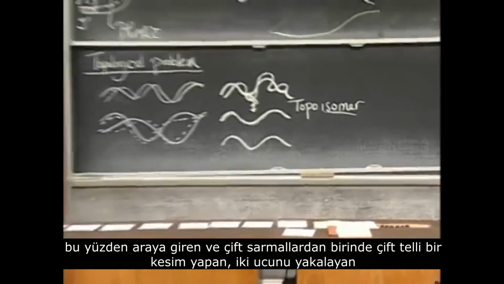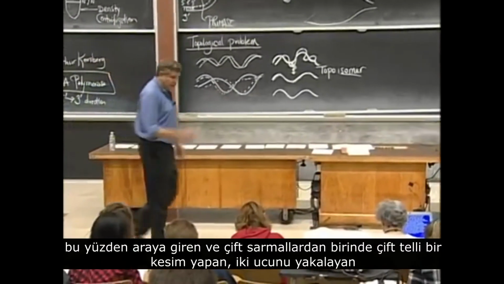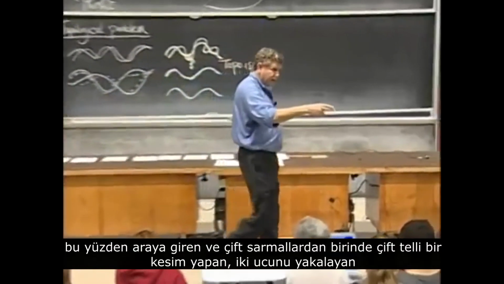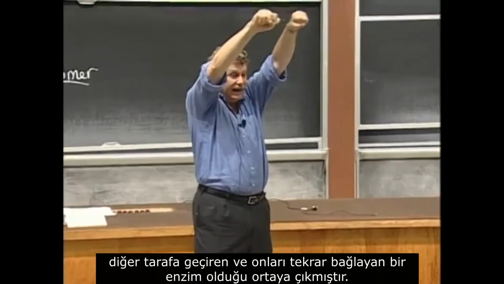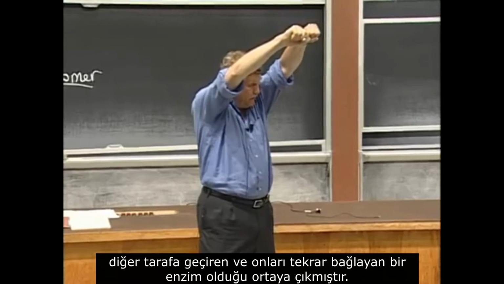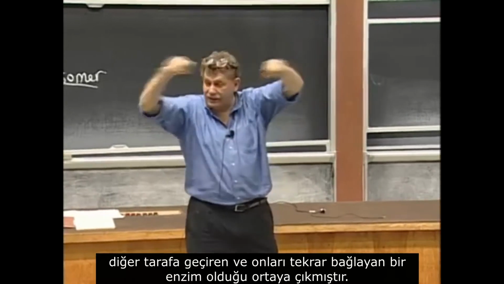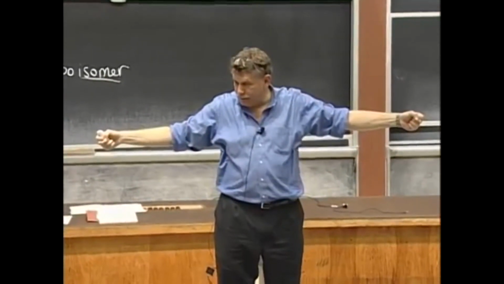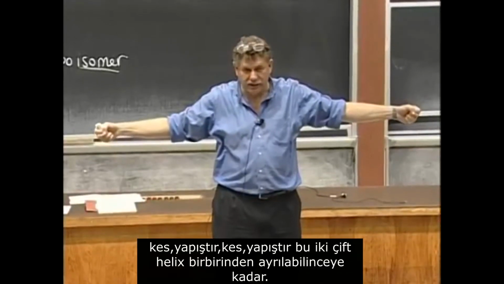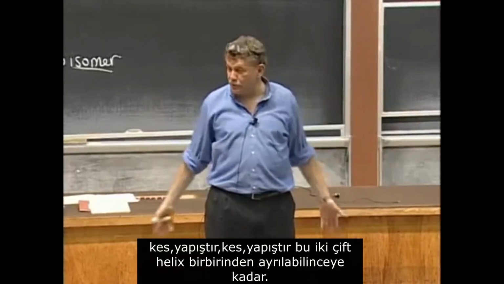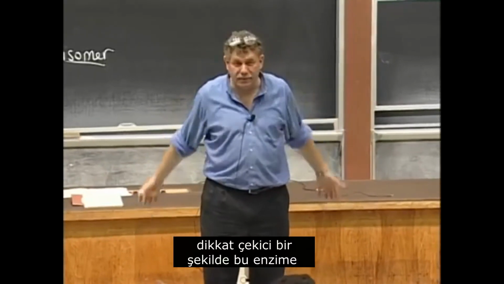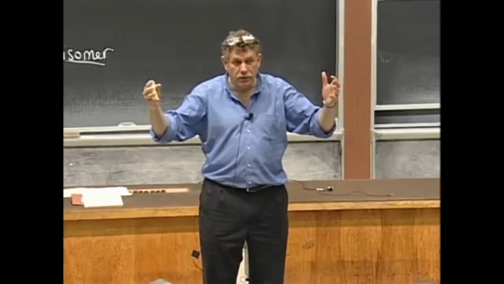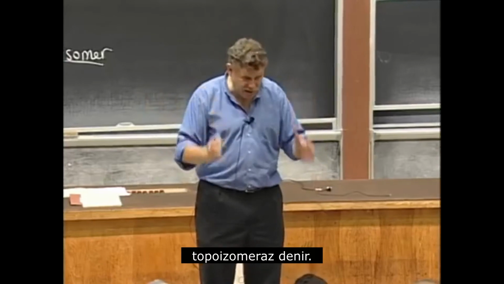So it turns out there is an enzyme that just gets in there and makes a double-stranded cut in one of the double helices, grabs the two ends, passes it around the other side, and ligates them back together. And keeps doing that until they're disentangled. Pretty clever. Cut, paste, till it can separate those two double helices from each other. Remarkably, this enzyme is called topoisomerase.